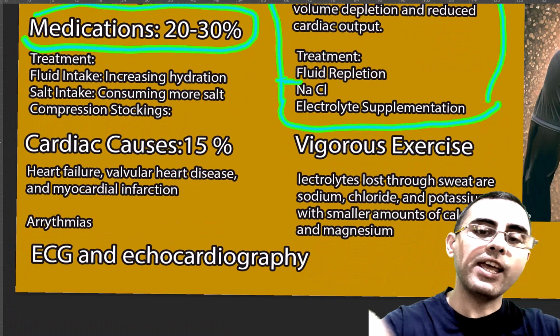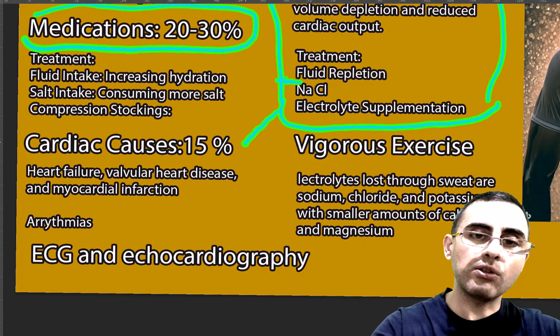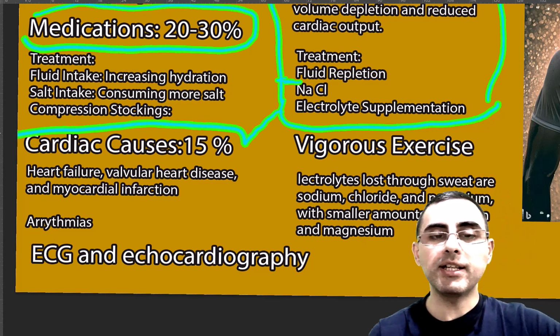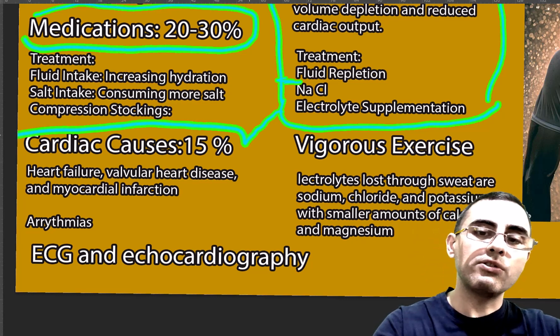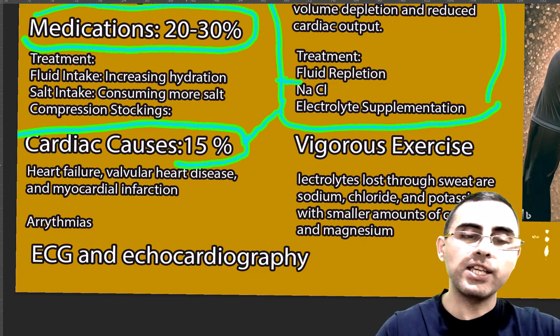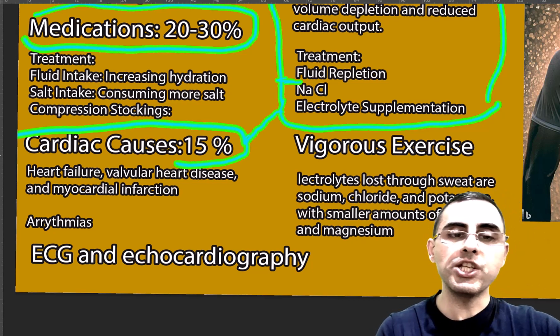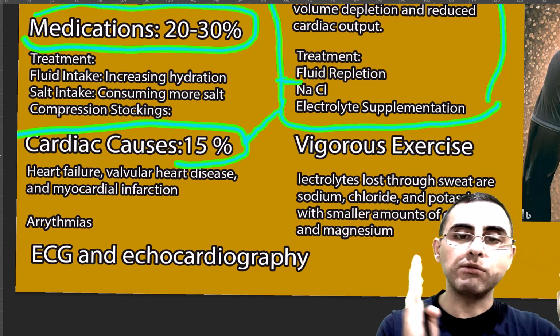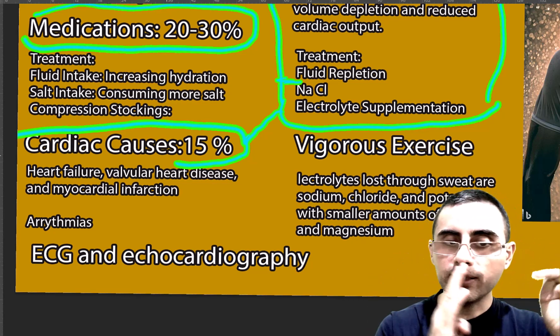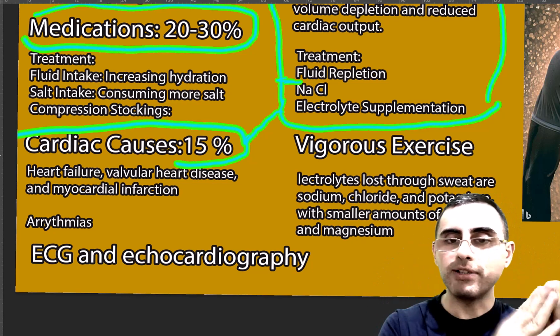The third and very important cause of hypotension is cardiac causes, which occur in around 15% of cases. Different cardiac diseases can cause hypotension, like heart failure, valvular heart disease, myocardial infarction, and sometimes arrhythmias.